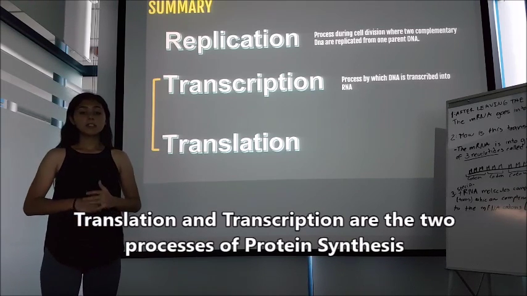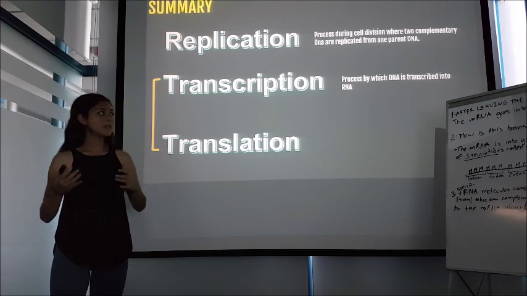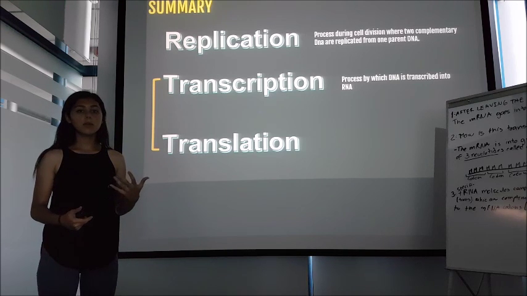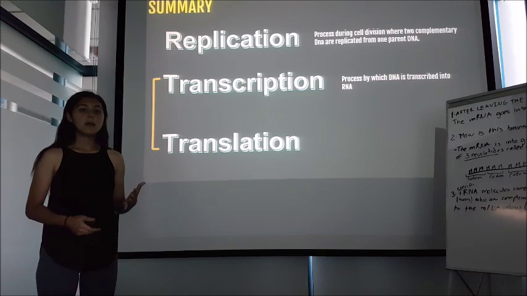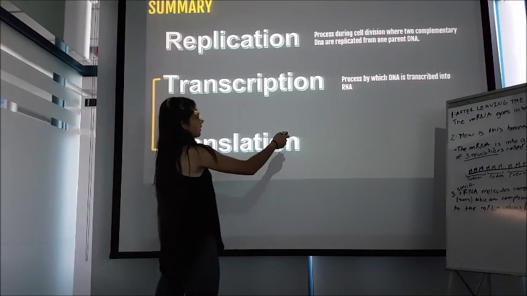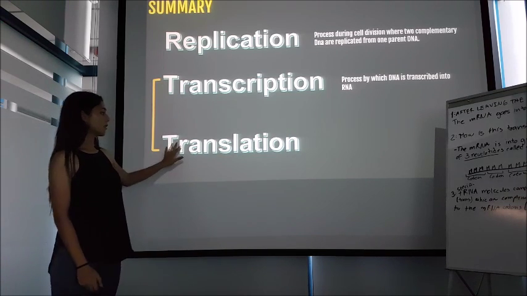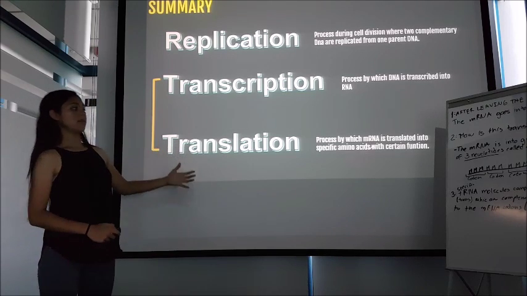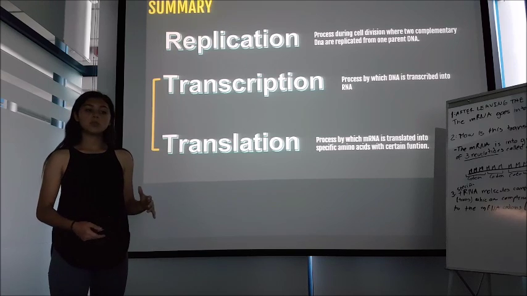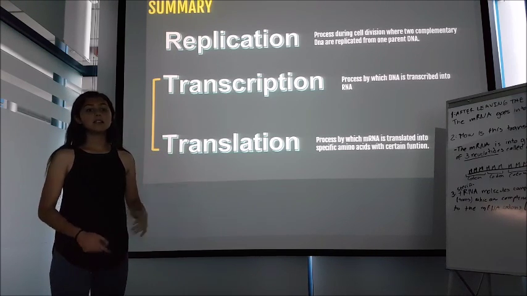Transcription is the process by which DNA is transcribed into RNA with a ribonucleic polymerase, which transcribes the DNA. Translation is the process by which mRNA is translated into specific amino acids which have a certain function.